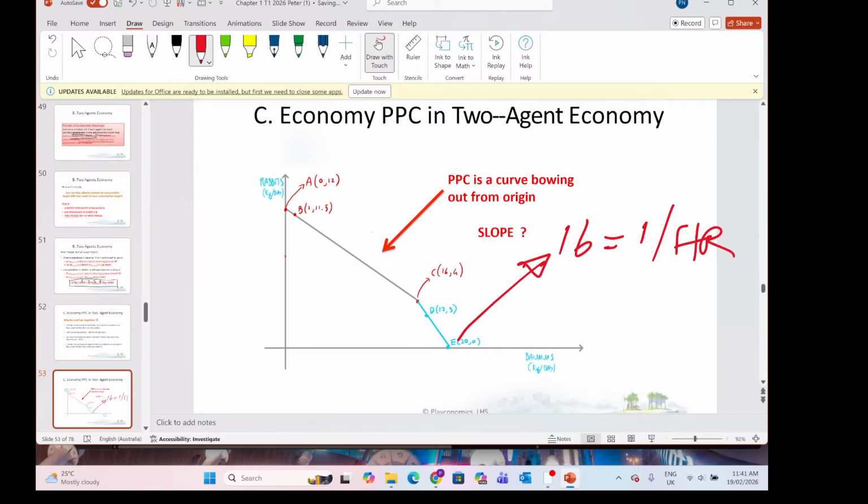And Leo can produce 4 in a day because his one takes 4 hours. Together we get 20, and there's our 20 here. If they put their efforts together, they could potentially make 20 bananas.